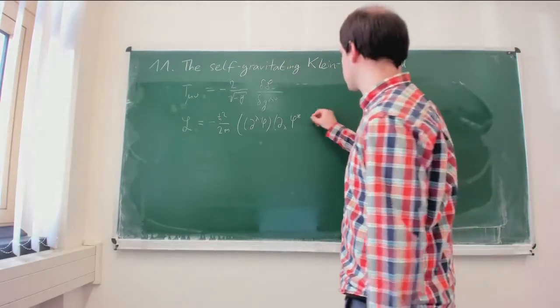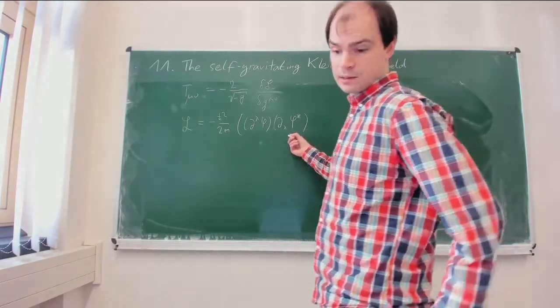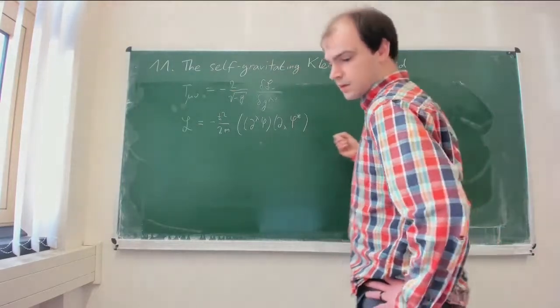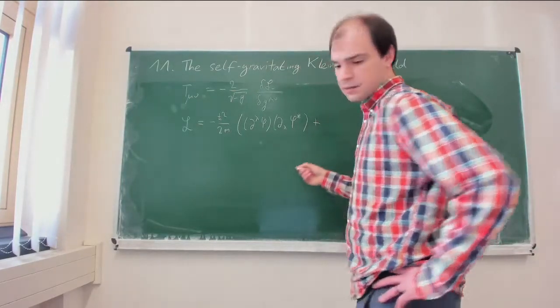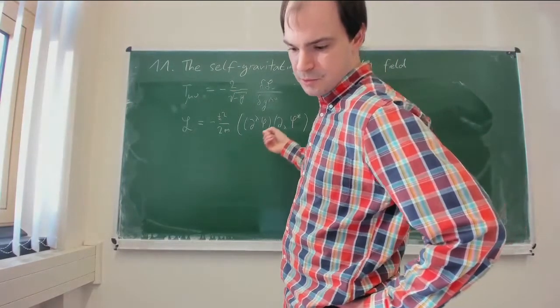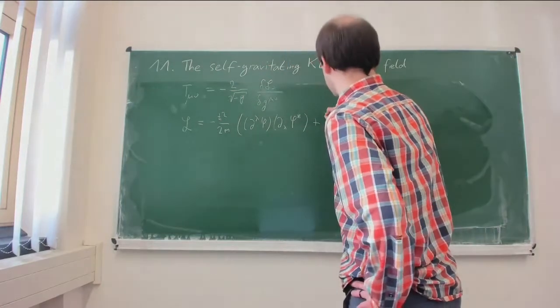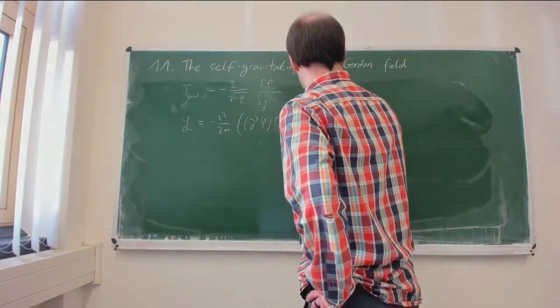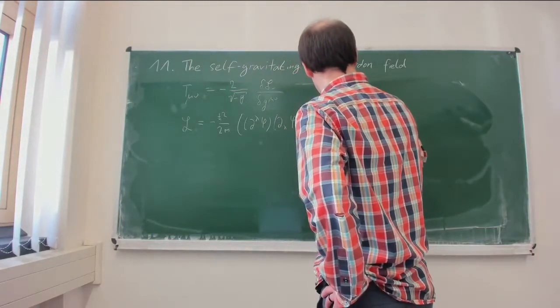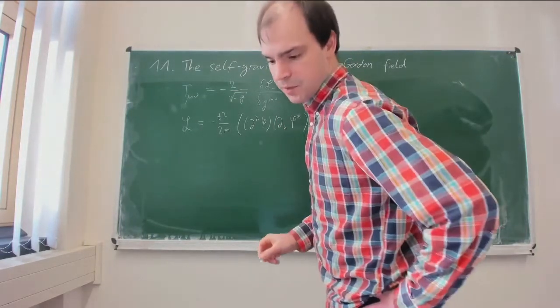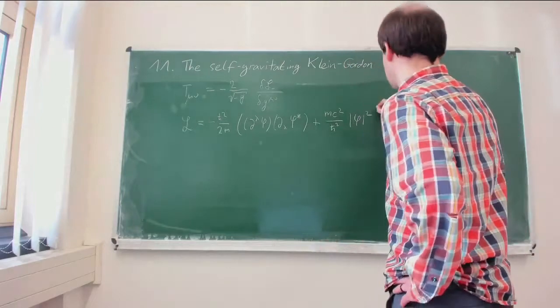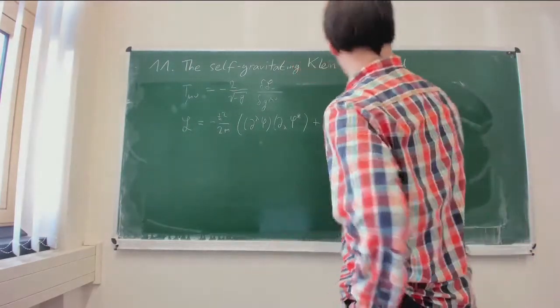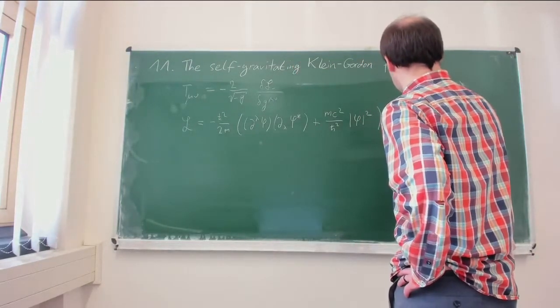So this would be for a complex Klein-Gordon field, but in principle it also applies for a real valued one. Then plus m c squared divided by h bar squared times the absolute value of phi squared, times the square root of minus g.